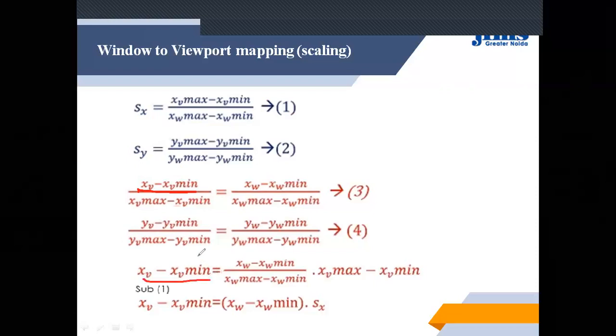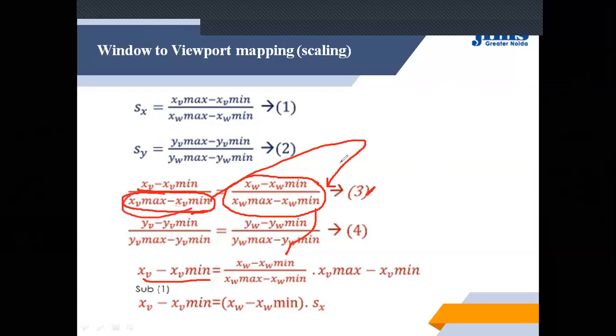What we did, we took the denominator to the other side to solve this equation. So this is the same part, and I am going to multiply the denominator of this over here. So when I am solving equation number 3, I am multiplying this over this.